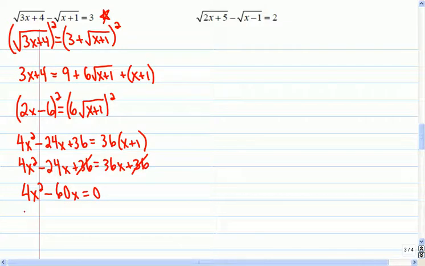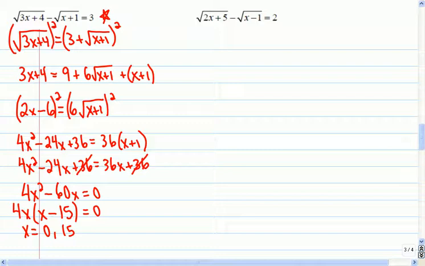So this one seems like it's turning out a little bit more of what's typical. So can someone confirm that for me, that 0 and 15?